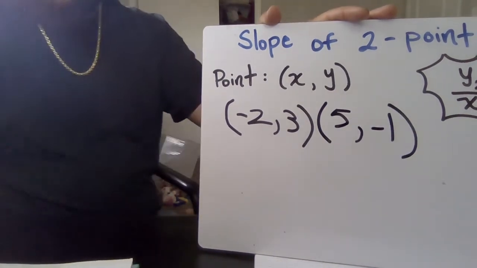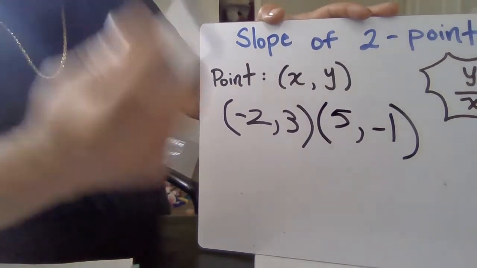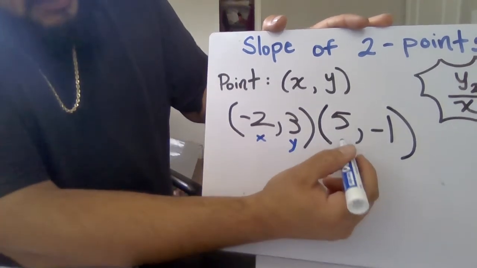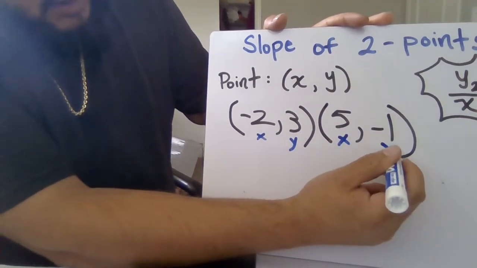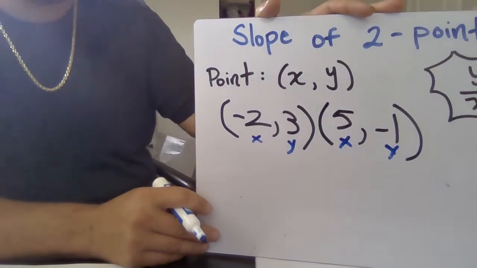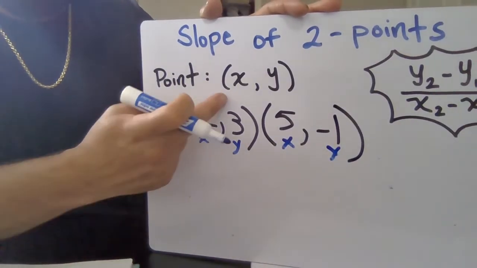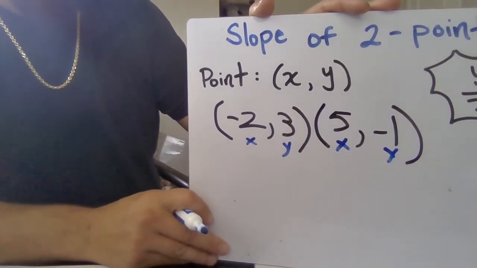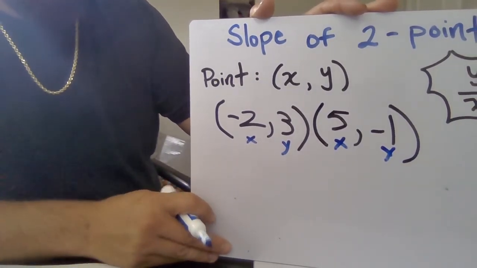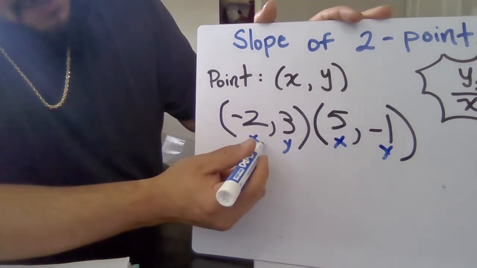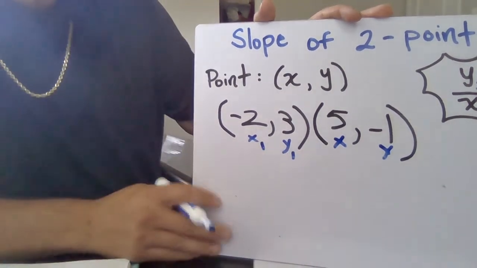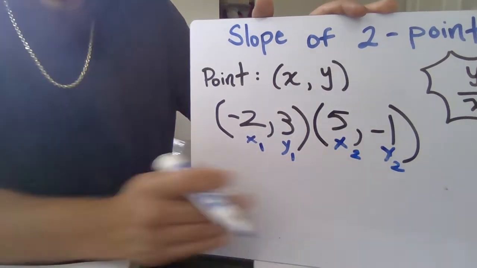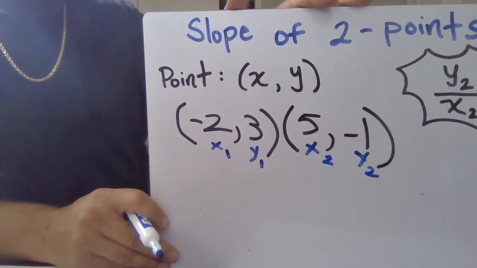Now I might want to label these just so that I don't make a mistake. I know that all points have an x and a y. Which one's the first point and which one's the second point? I'm just going to say that this one that came up first will give me my first x and my first y, and this one will give me my second x and my second y, just because they came up second.